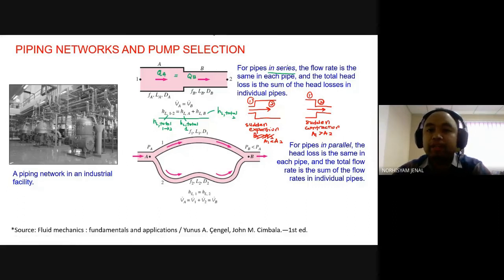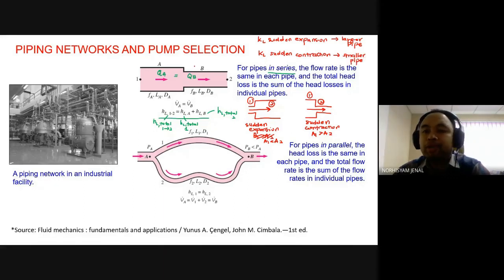For KL of sudden expansion, the KL is added in the larger pipe. But KL for sudden contraction will be calculated for the smaller pipe. Later on we'll do an example and you will see the difference.